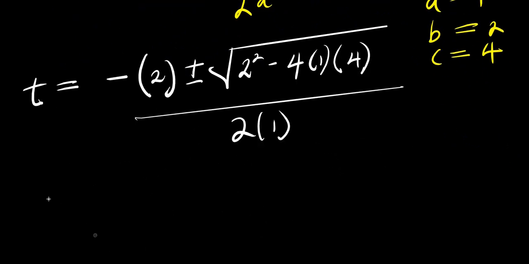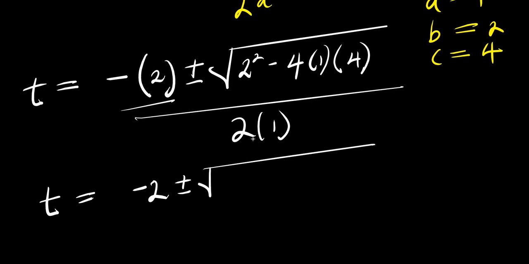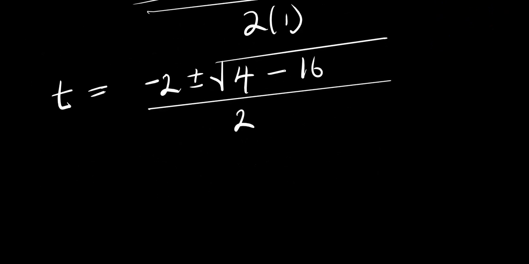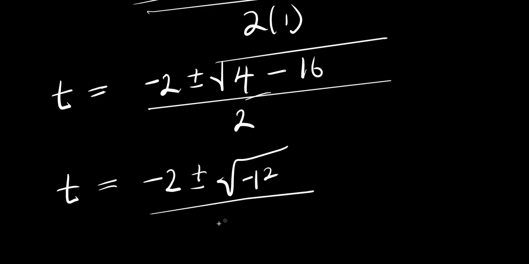So from here, t equals negative 2 plus or minus square root of 4 minus 16, which is negative 12, divided by 2.